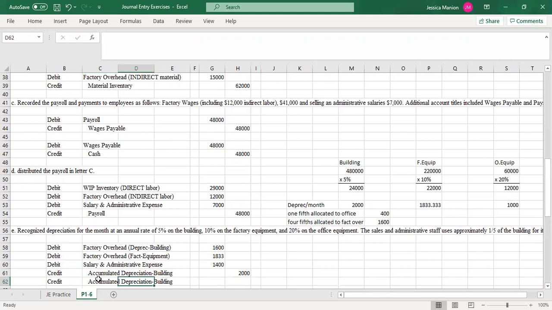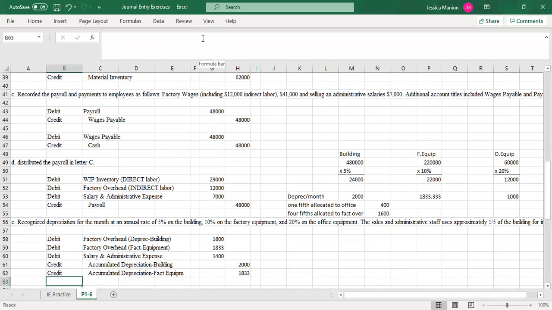Accumulated depreciation on the factory equipment, 1,833. And then credit accumulated depreciation on the office equipment, $1,000.